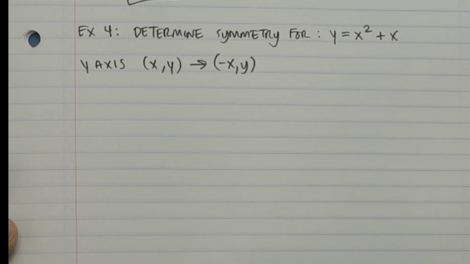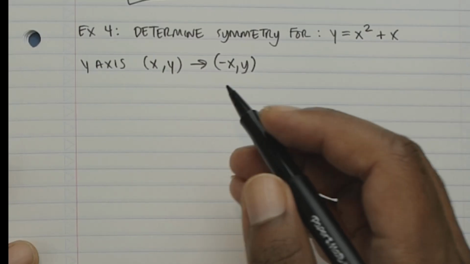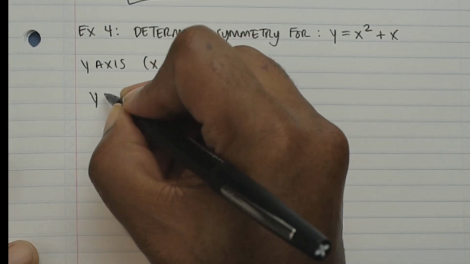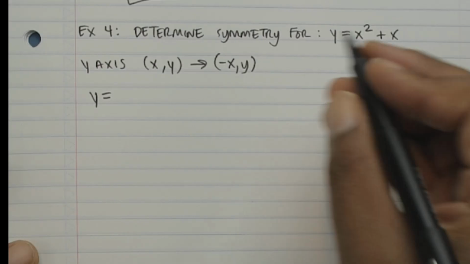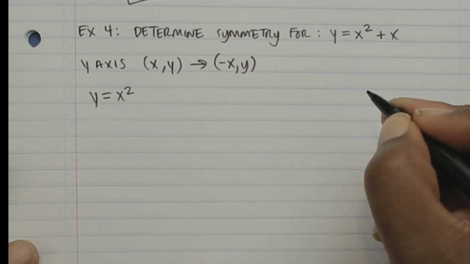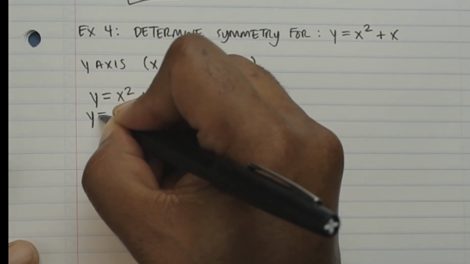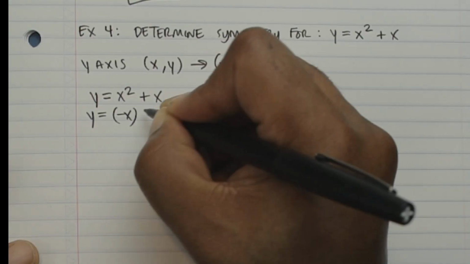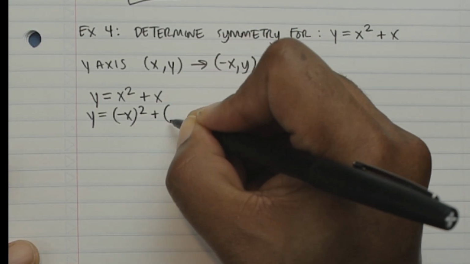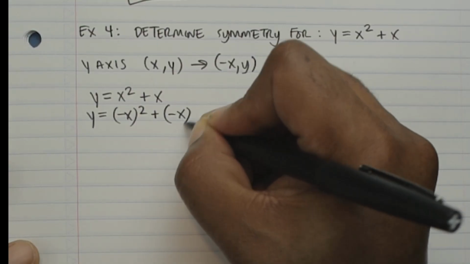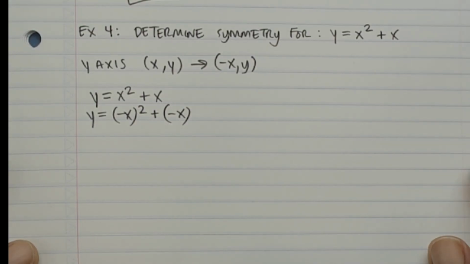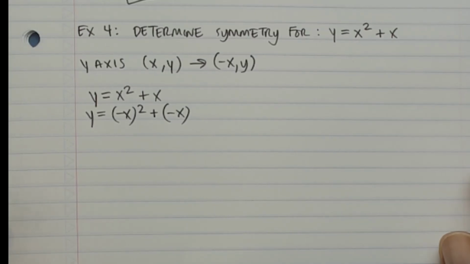Okay. In doing so, we're going to take our equation, y equals x squared plus x. We're going to replace the x's with negative x, and we're going to simplify.